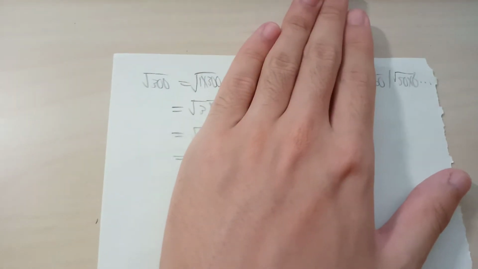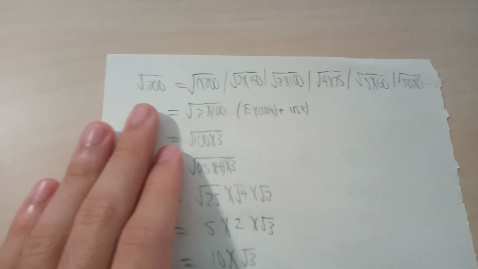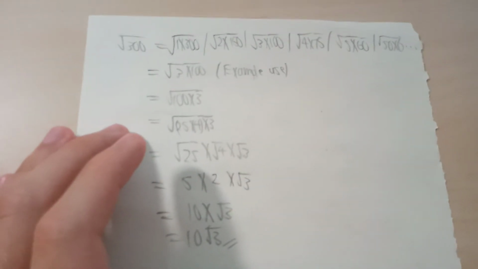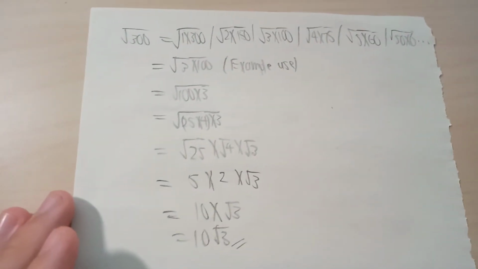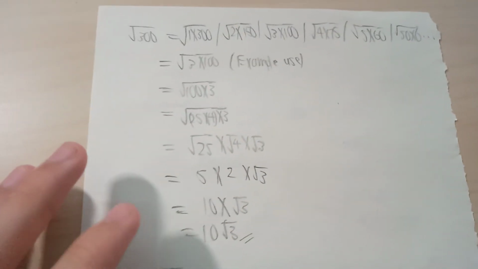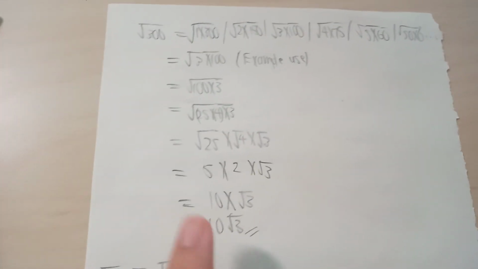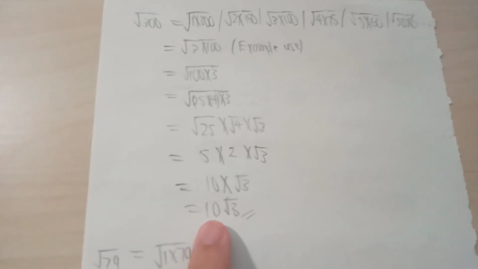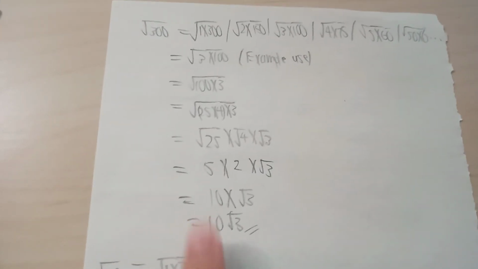Now let's move on to a practice question, which is root 300. Sorry, I posted the answer here, but you can try it out after you actually test them out. Actually this is one of the answers, but I wouldn't suggest that you use this answer.